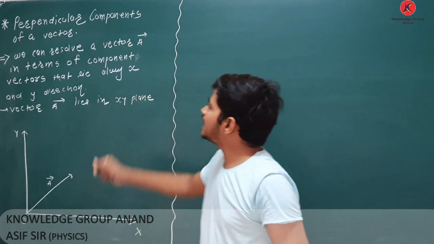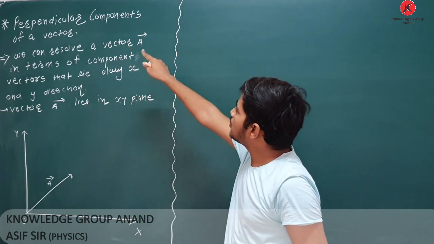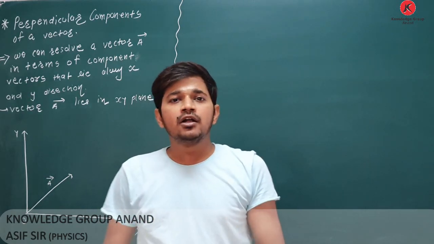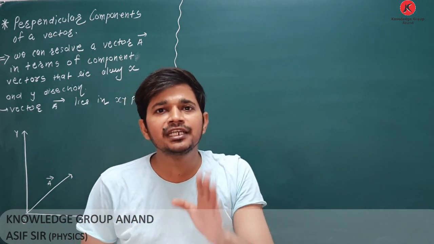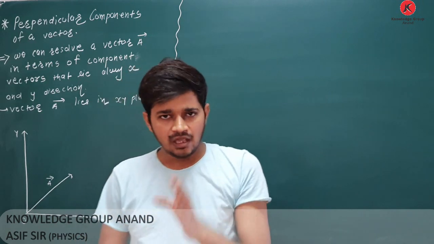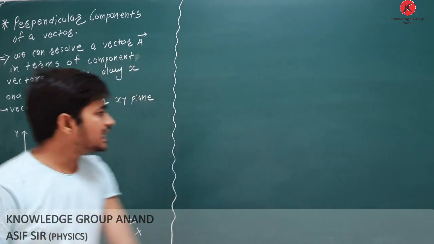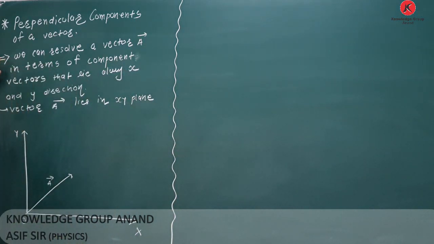So what is the theory title? See, perpendicular components of a vector, or you can also write resolution of vector in perpendicular components. Here, we can resolve a vector A in terms of component vectors that lie along x and y direction.